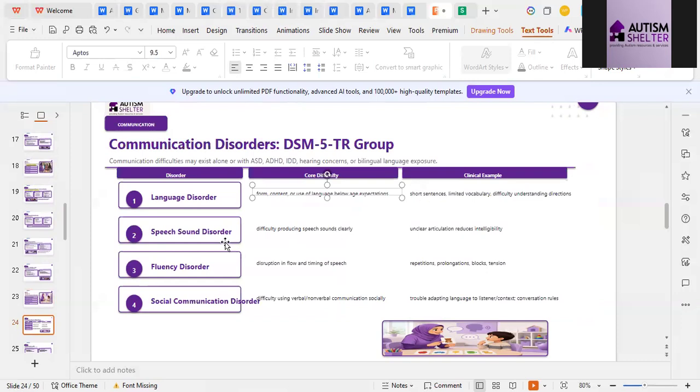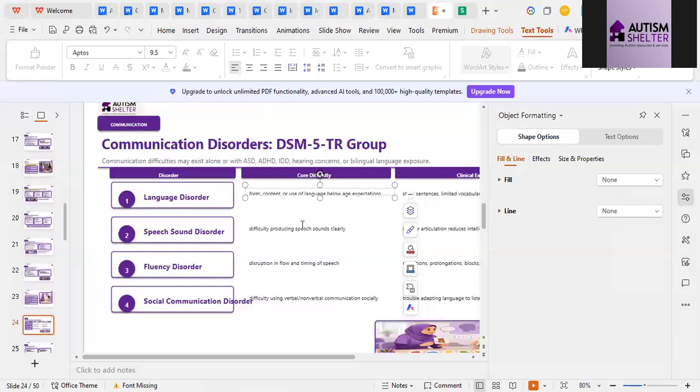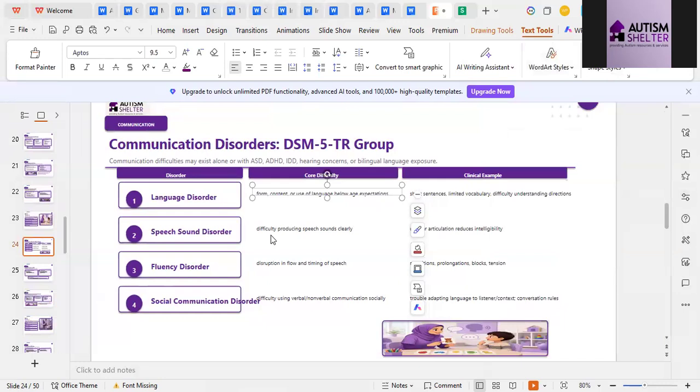Then the speech sound disorder: does the child have an issue related to speech production? There is an issue in production. In fluency, there is an issue in the flow and timing of speech. In social communication, there is verbal and non-verbal communication, and the word that comes here is social interaction.